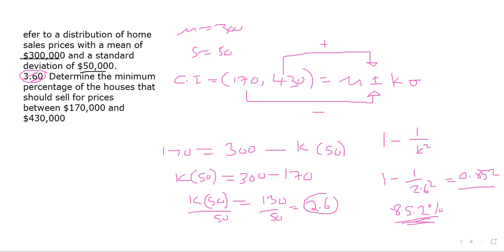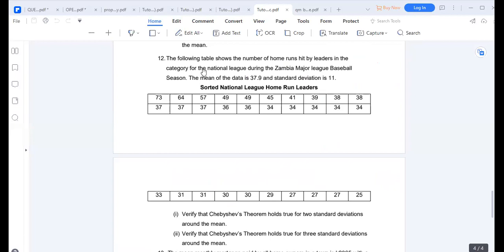Okay, so with that being said, let's now look at a tutorial sheet. Number 1: the following table shows the number of home runs by leaders in the National League during a major baseball season.